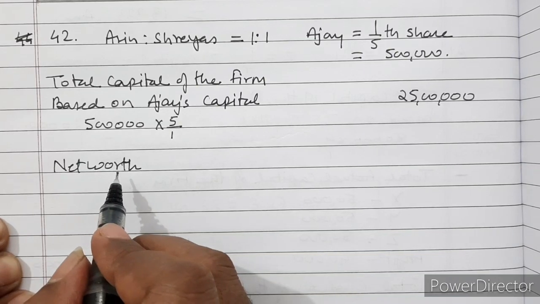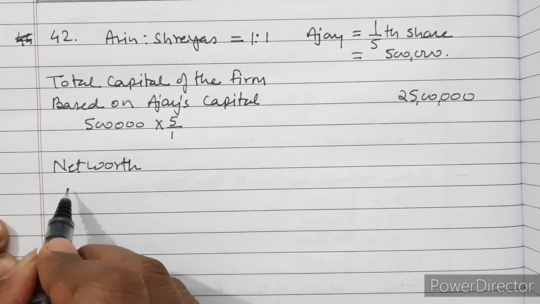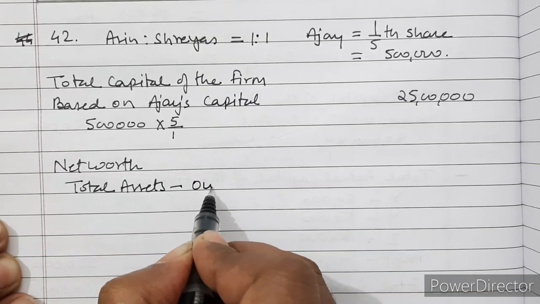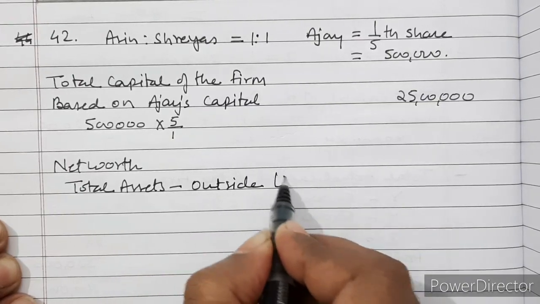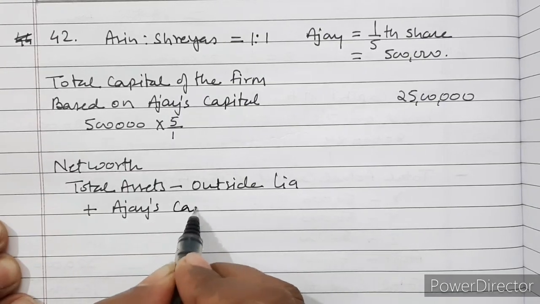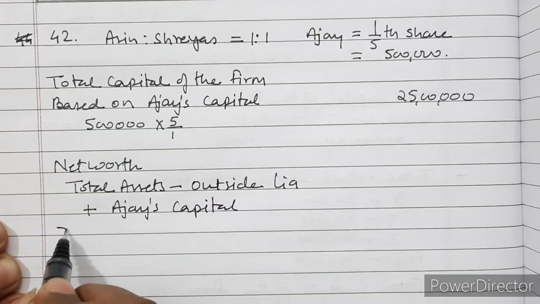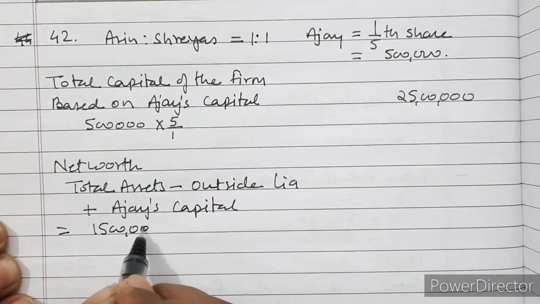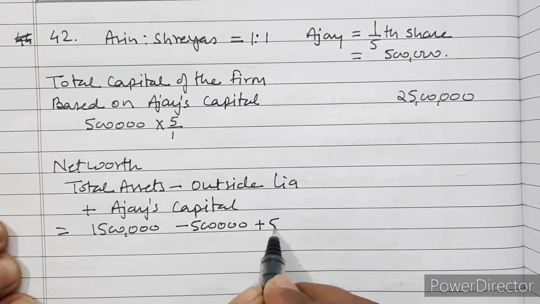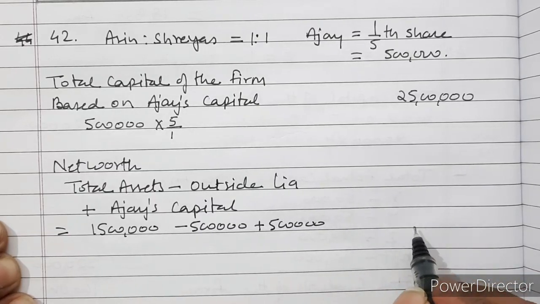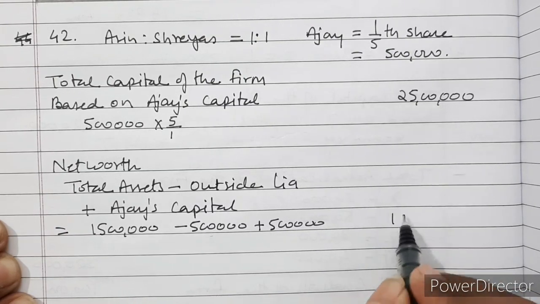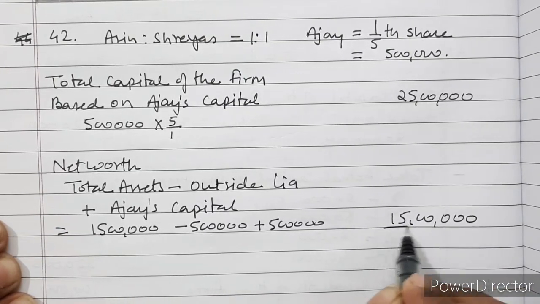So net worth is calculated by total assets minus outside liability plus Ajay's capital. So that will be equal to 15 lakh minus 5 lakh plus 5 lakh. So it will be 10 lakh. So hidden goodwill of the firm is 10 lakh.